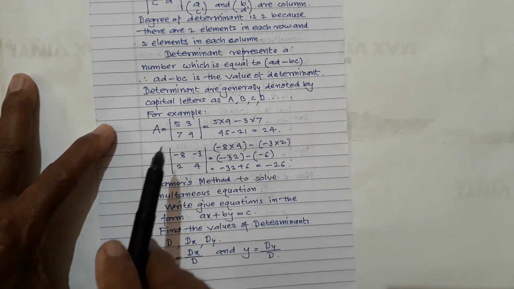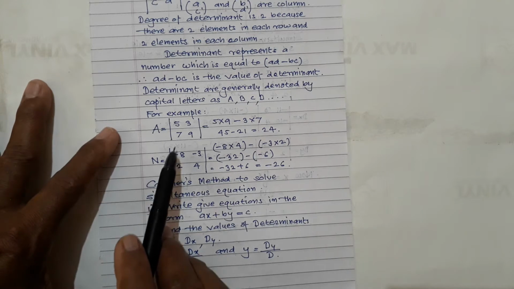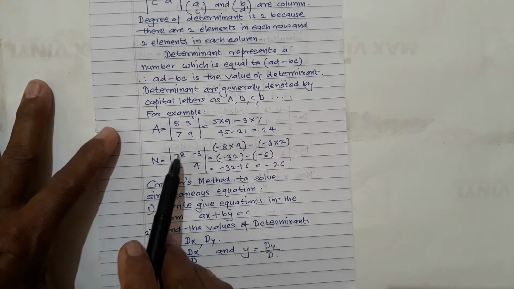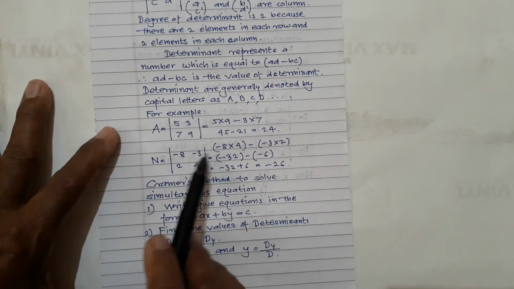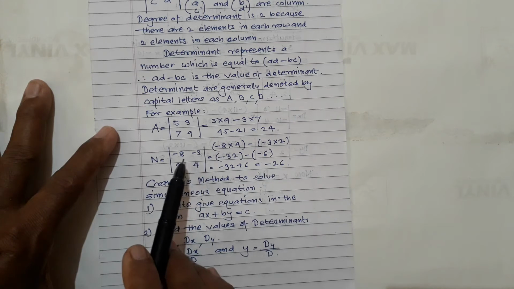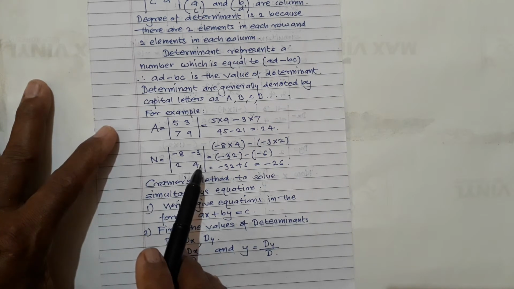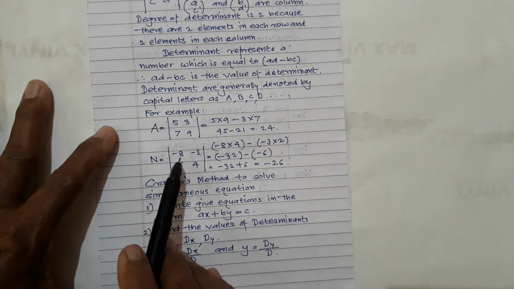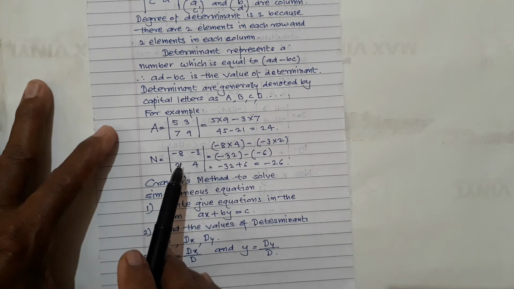For example, suppose N is a determinant. Between these two vertical lines there are rows, first row and second row, first column and second column. The elements are minus 8, minus 3, 2, 4. To find the value of this determinant, minus 8 into 4 minus minus 3 into 2.